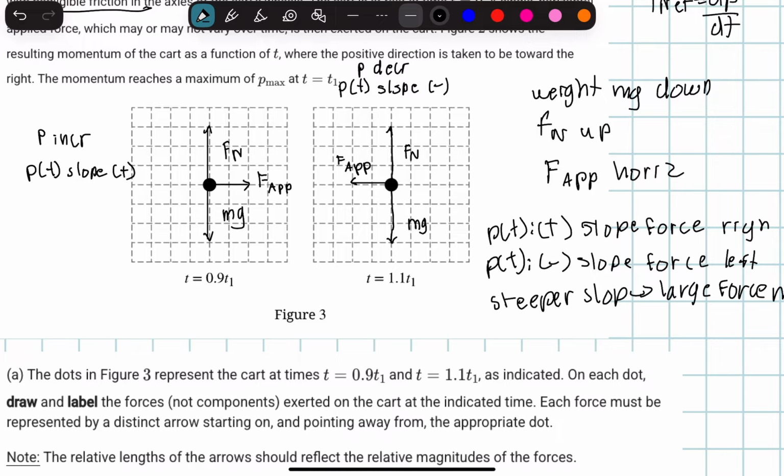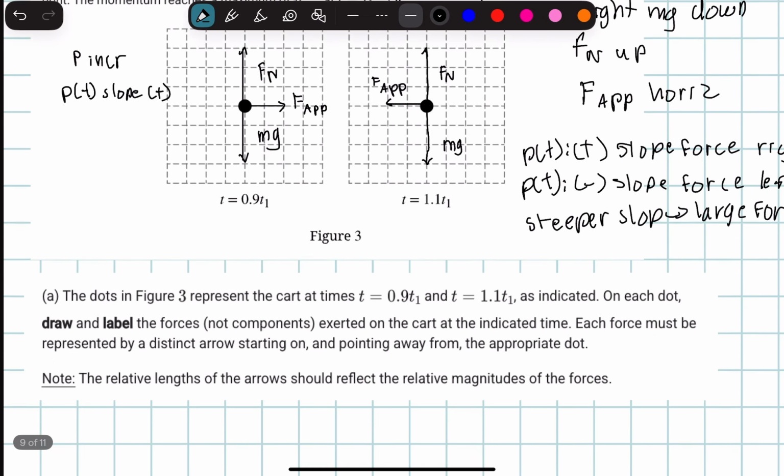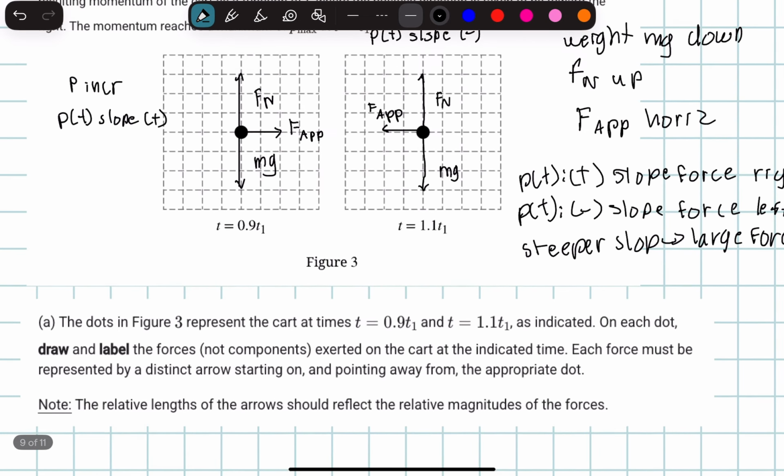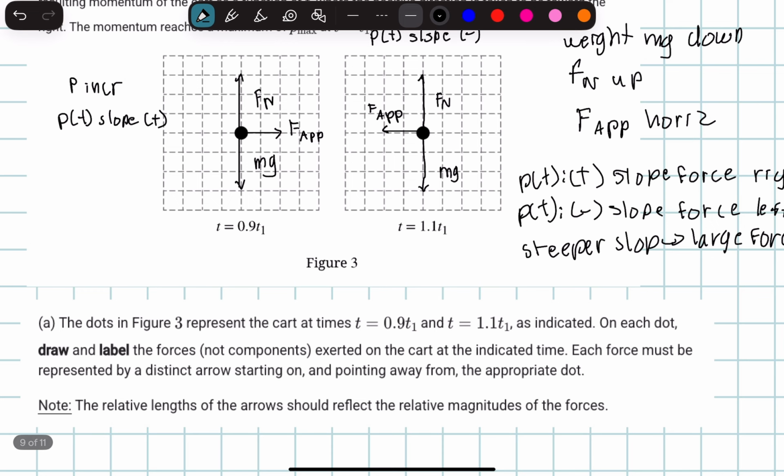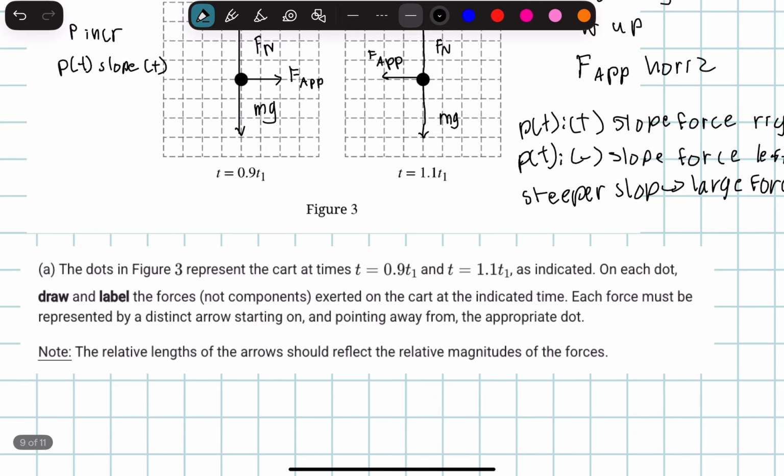Now, relative magnitudes. What we need to know is that the slope of the graph after t1 is steeper than before t1.